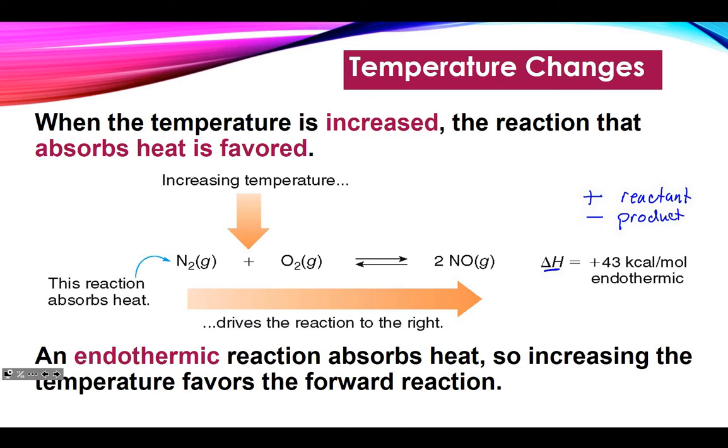But you still put it inside the equation as a positive. The positive and negative tells me what side of the reaction it goes on. So that's like putting it over here saying I have 43 kilocalories on this side that's needed to make that reaction go forward. So if I add heat, it's like adding in here, and then that would have to force it to go that way to equal it out.